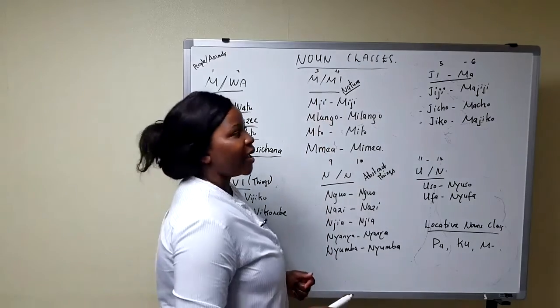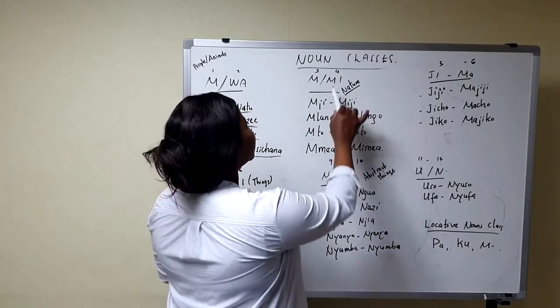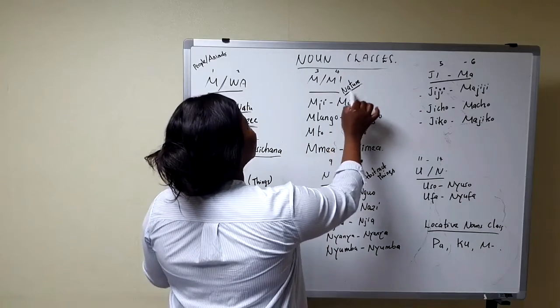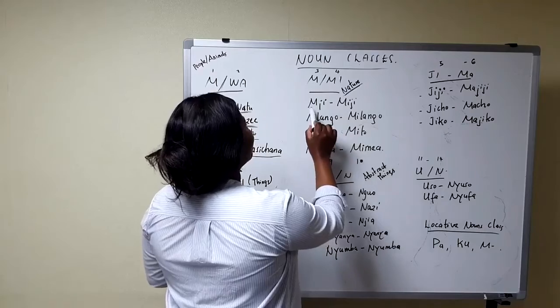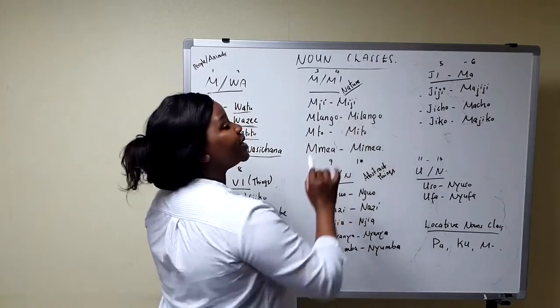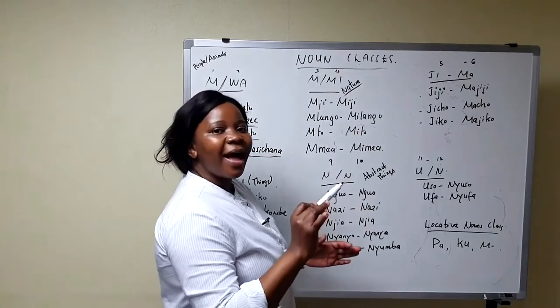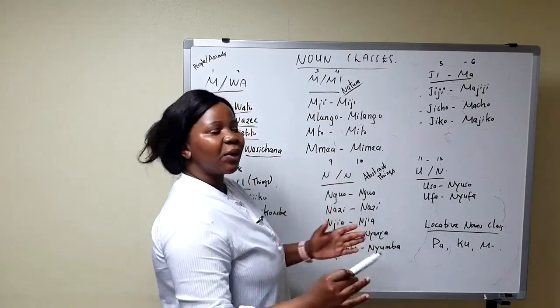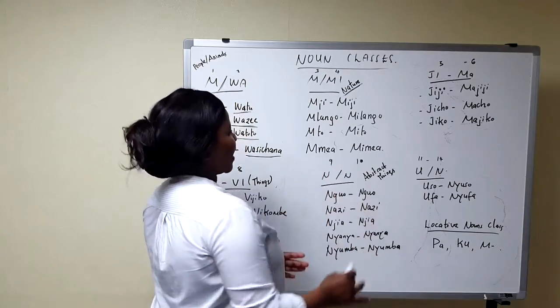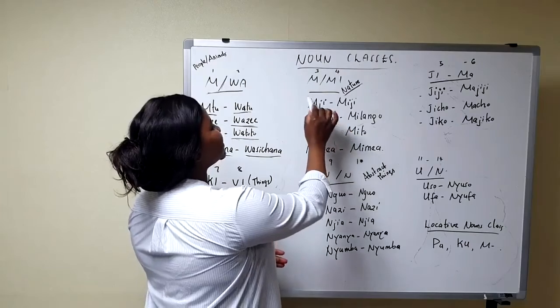For the singular and me for the plural. So this class talk about nature. Nature, okay? For example, mji, miji, mlango, milango, mto, mito, mmea, mimea, Okay, so mji, this is the city.